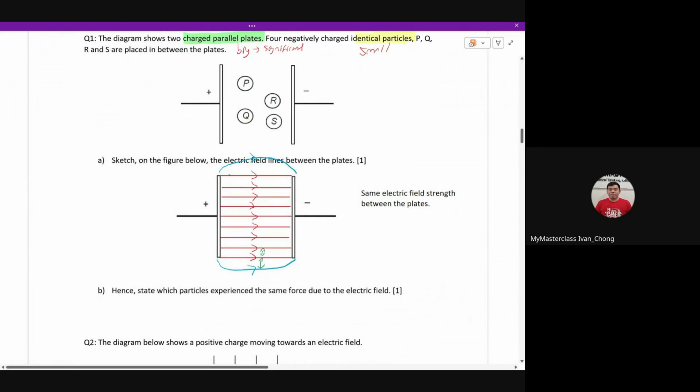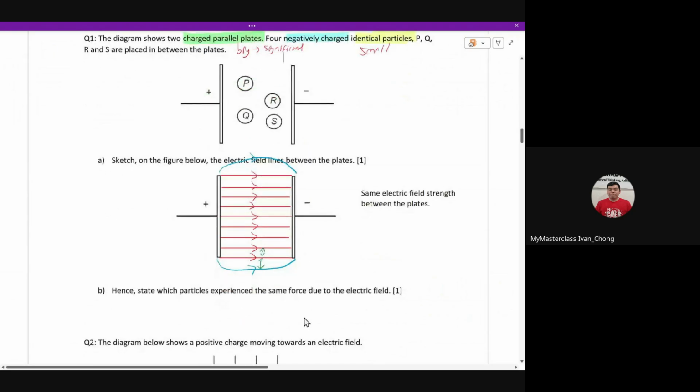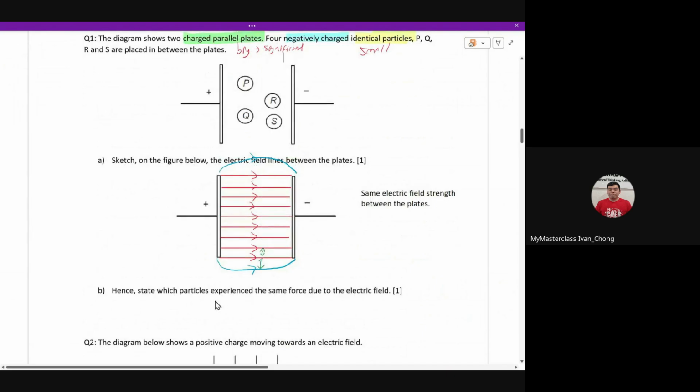So if you introduce this for negatively charged particles itself, what will happen to them? They will basically move towards the positive side, because unlike charges attract. Now, which of the particles will experience the same force? Keyword, due to your electric field.